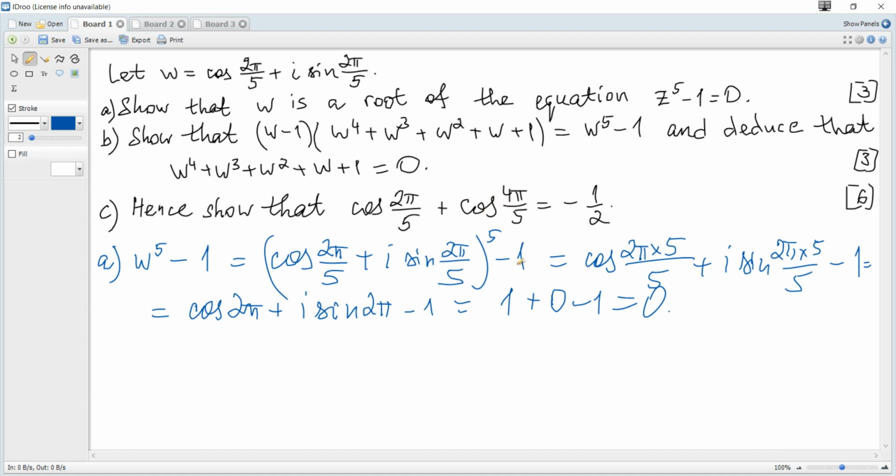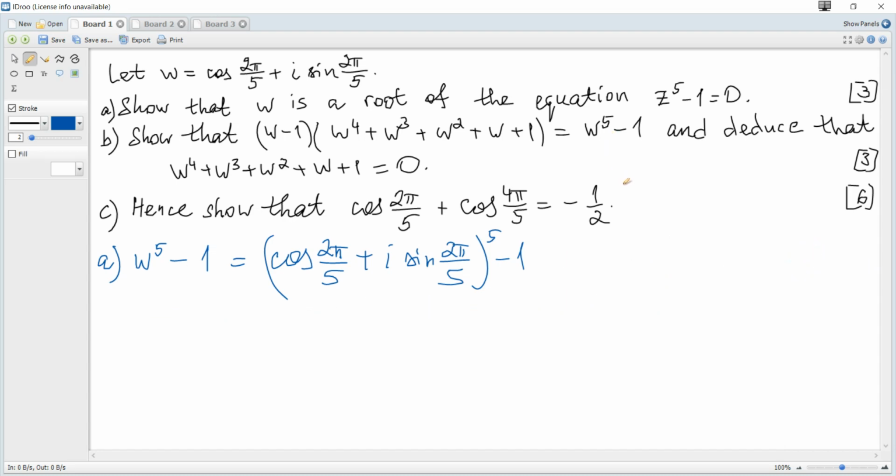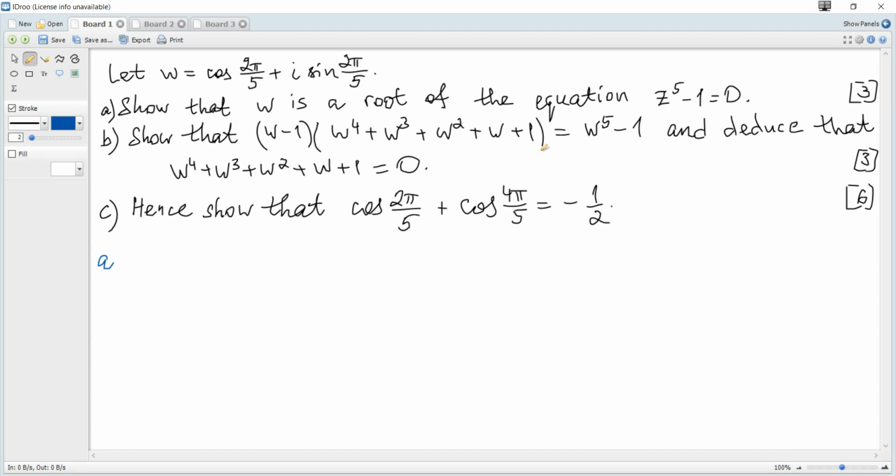B. Show that this is equal to w to the power of 5 minus 1, and deduce that this expression is equal to 0. So you just need to open the parentheses on the left hand side, simplify, and show that it's finally w to the power of 5 minus 1. It's easy, I will not do that, and deduce that this is 0.